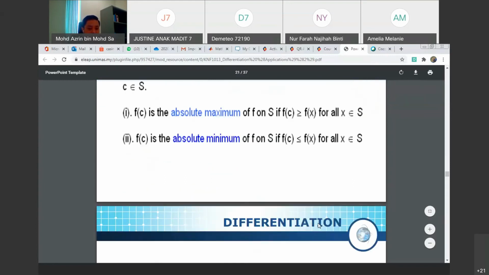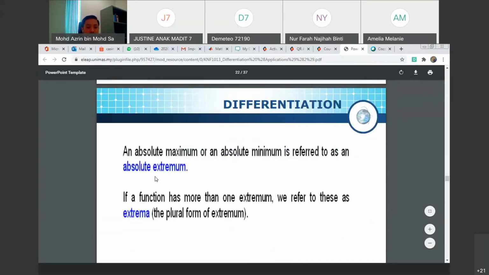Okay, this is the definition. To find the absolute extremum, it can be the absolute maximum or absolute minimum.